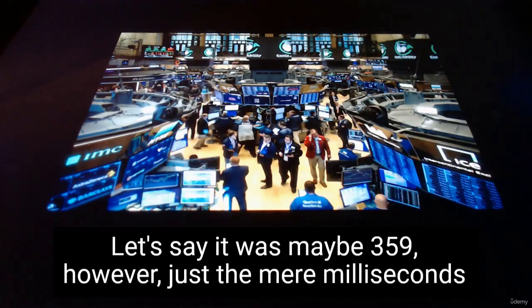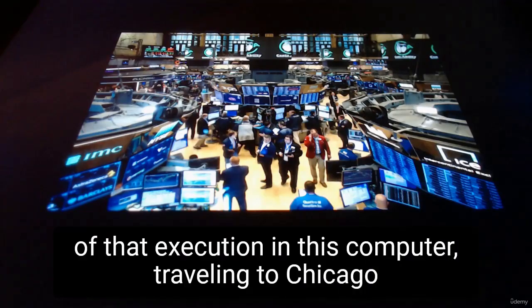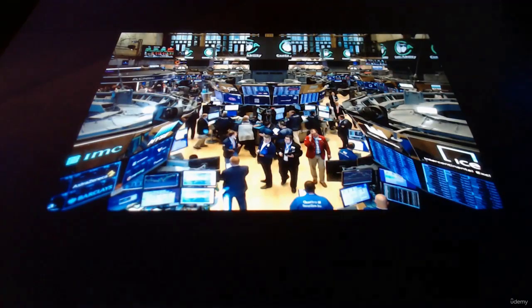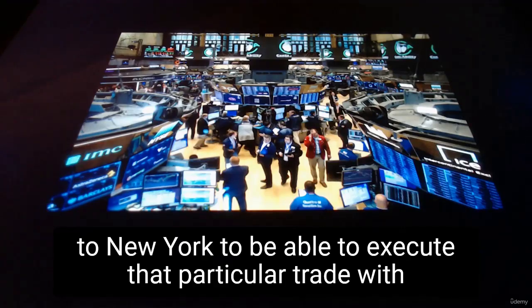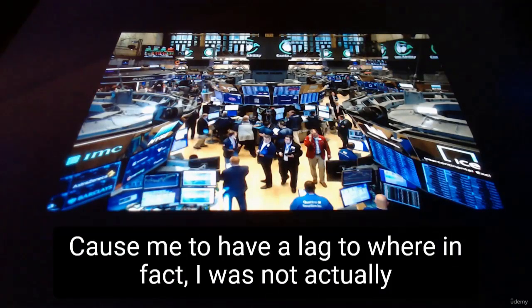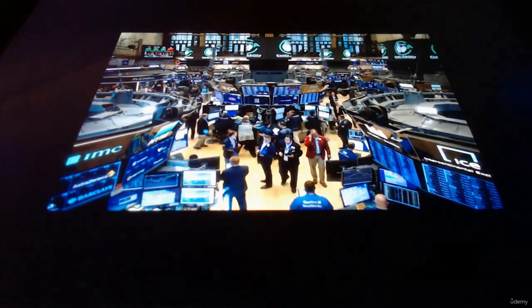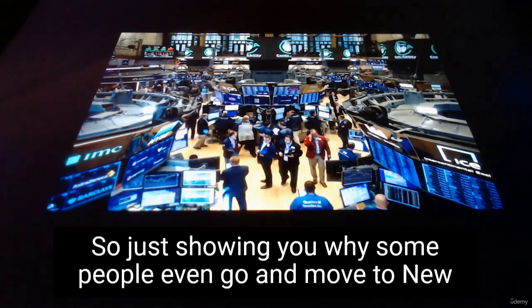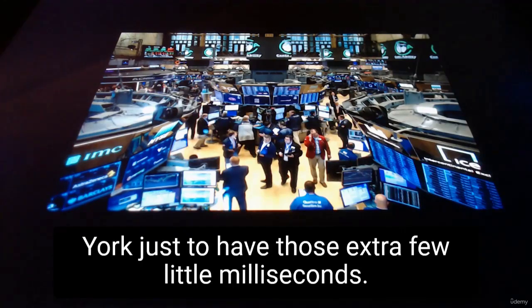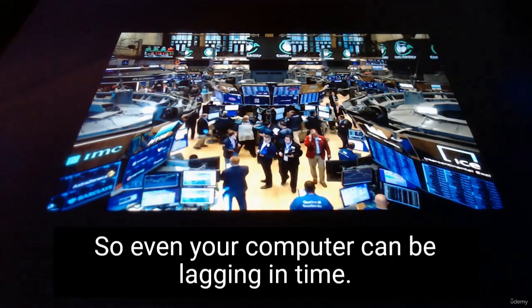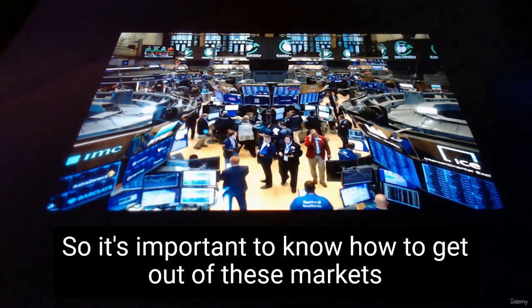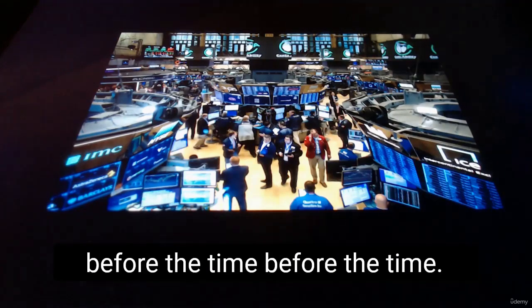However, just the mere milliseconds of that execution, my computer traveling to Chicago to New York to execute that trade with the brokers, caused me to have a lag, so I was not actually out of that market in time. That's why some people even move to New York, just to have those extra few milliseconds. Even your computer can be lagging in time, so it's important to know how to get out of these markets before the time.